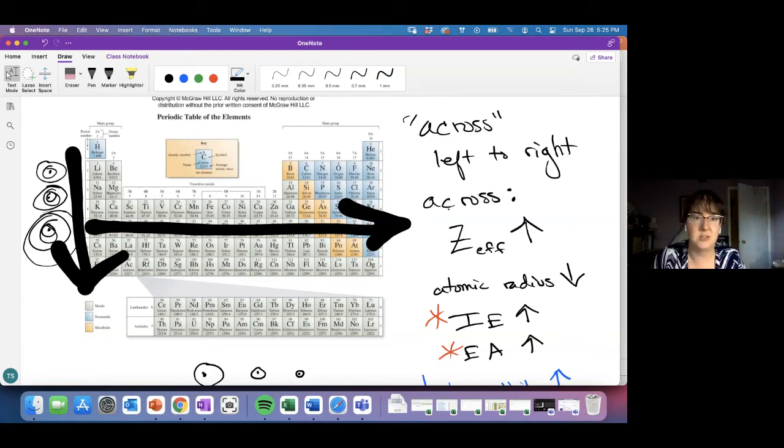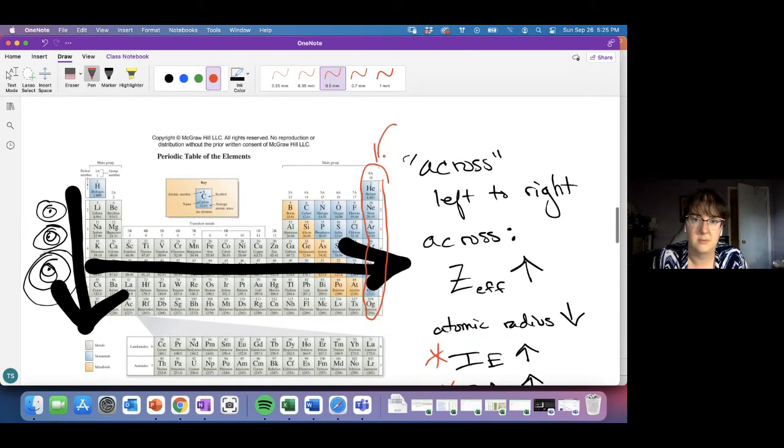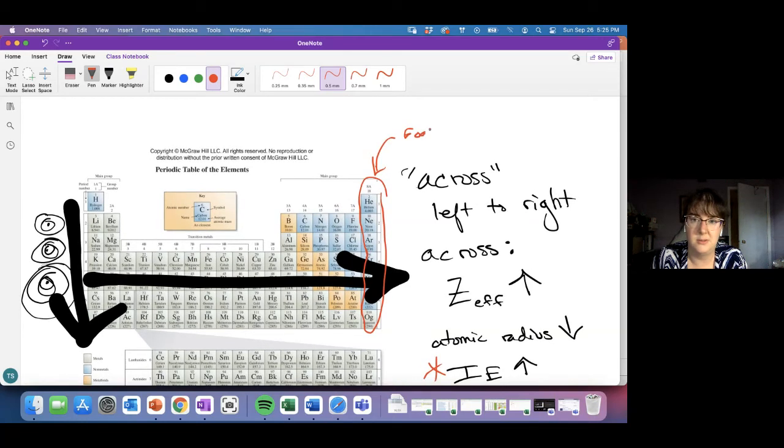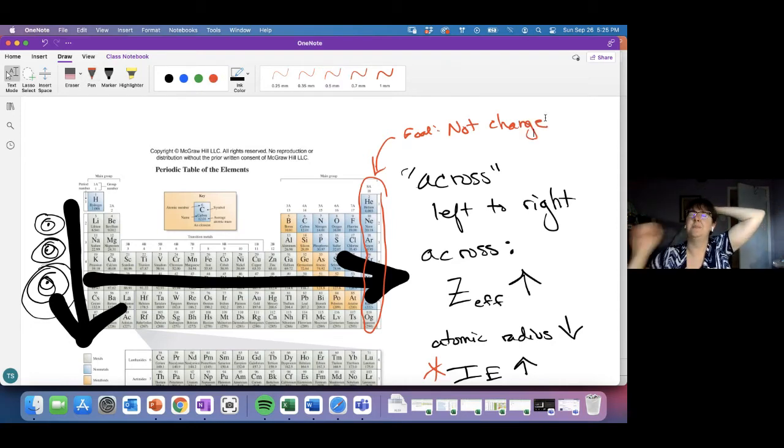The noble gas's goal is not to change. So they have a really high ionization energy because they do not want to change. They don't want to give up their electron.